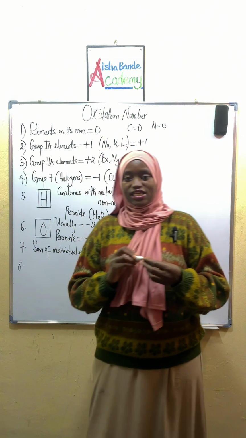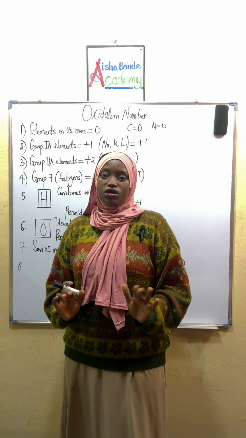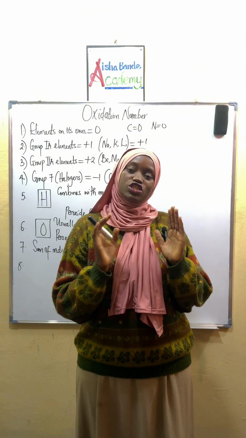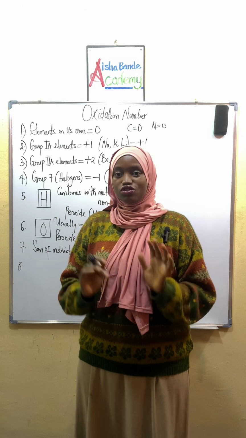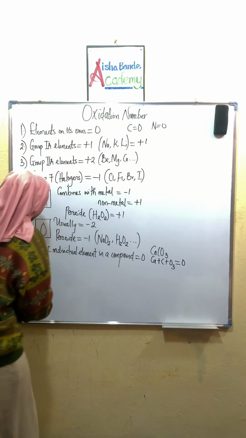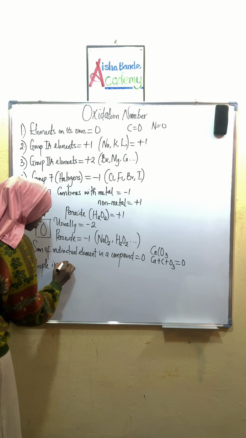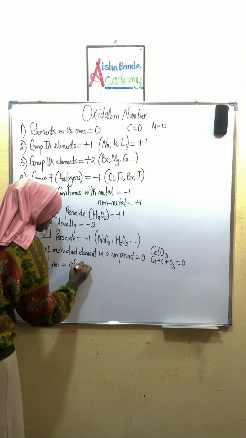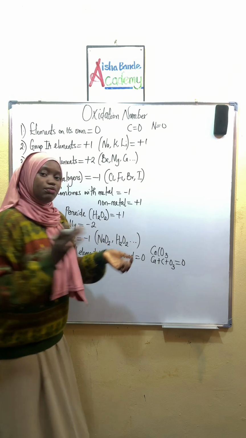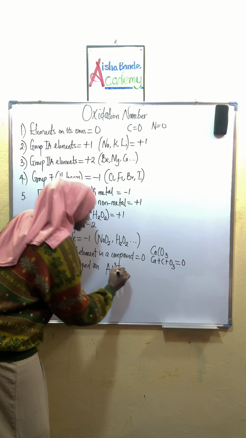So let's move on to the 8th rule. Rule number 8 states that for a simple ion, the oxidation number is equal to the charge on the ion. Let's put this in writing and explain. An example of a simple ion is Al3+.